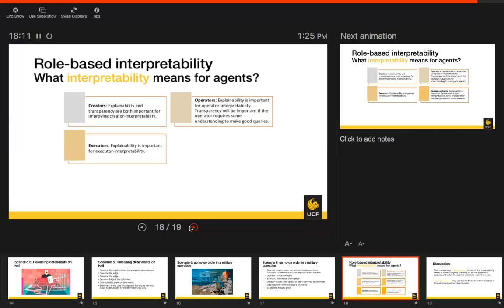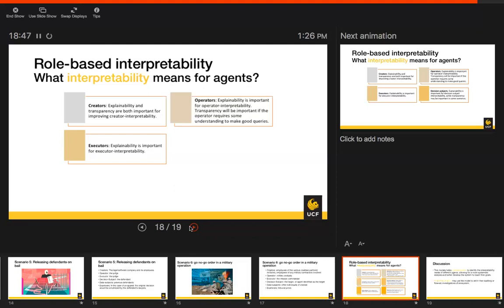For executors, who make the decisions for the machine learning systems, explainability is important for executor interpretability. For example, in scenario 2, a good decision might be to follow the shortest path, the recommended route. So the executor should be very clear about why this is the shortest path.